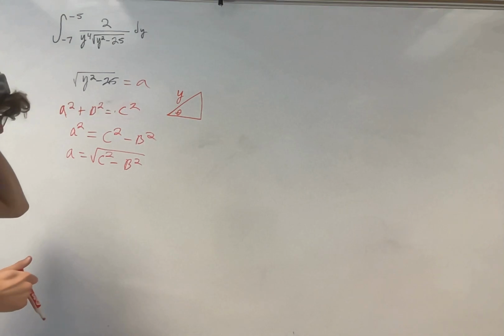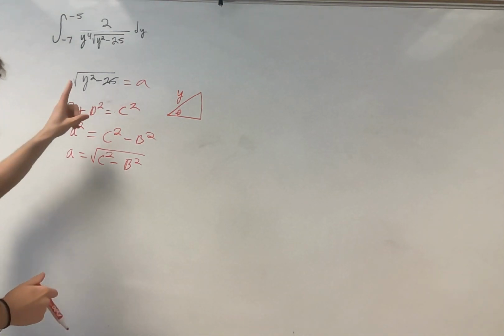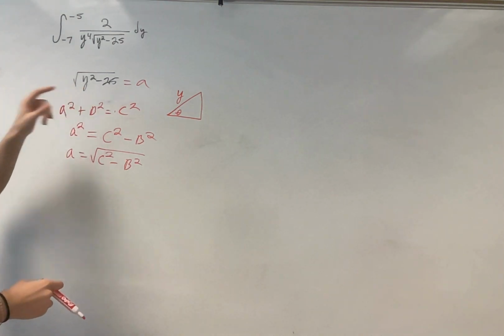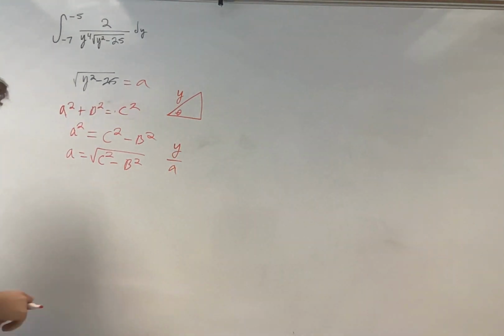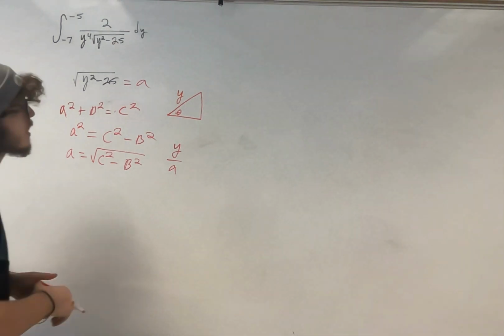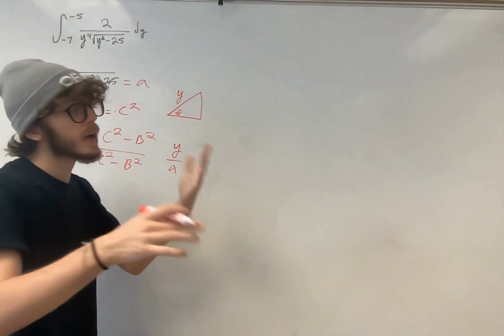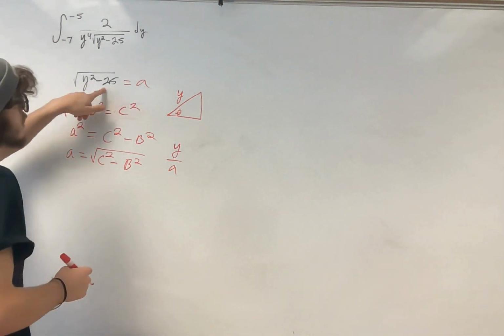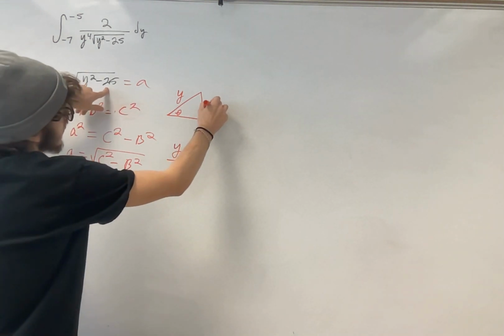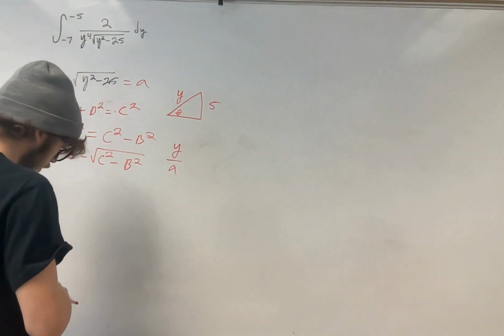Now, when we do trigonometric substitution, remember that we need to get it to be y over some variable a. I'm going to do it the wrong way and explain why it's wrong, but then I'll put it in the correct way. Let's say the leg goes here, okay?